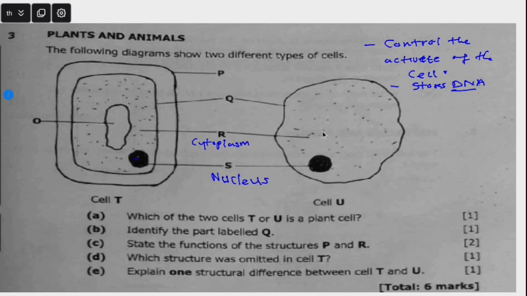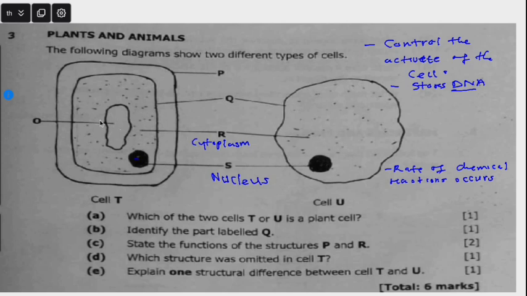That is where the chemical reactions occur. Like metabolism and others, glycolysis and others, all those things occur in the cytoplasm. Yes, in the cytoplasm.